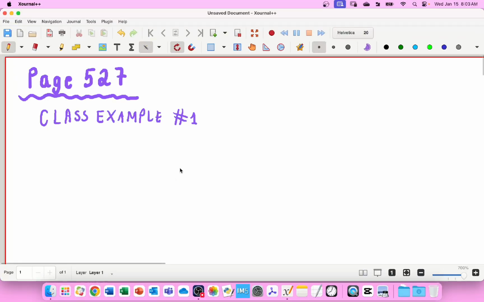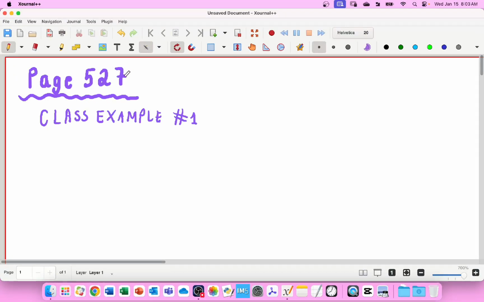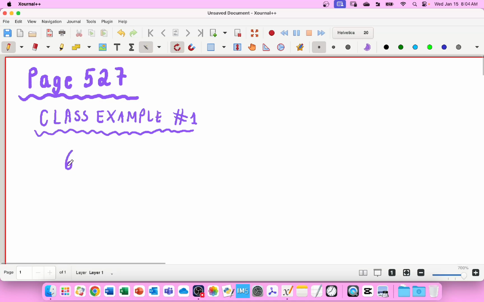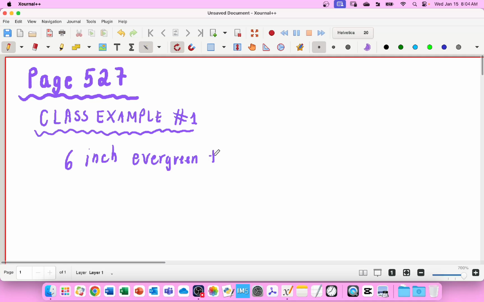All right, so if you look at class example number 1 on page 527, part A, it says there's an evergreen tree. A 6-inch evergreen tree is planted in June 2007.